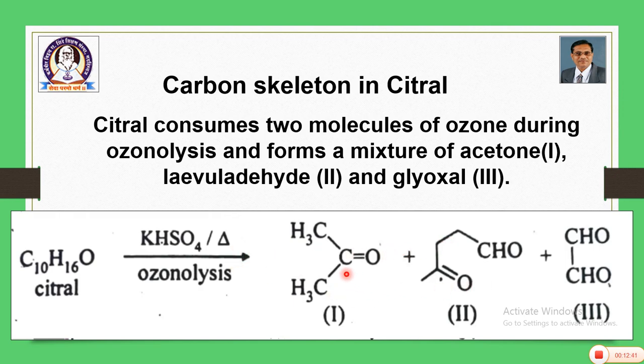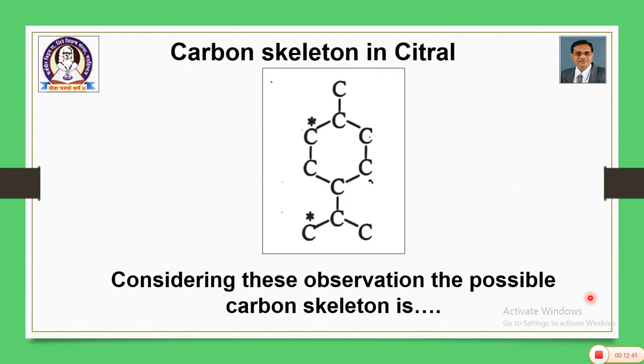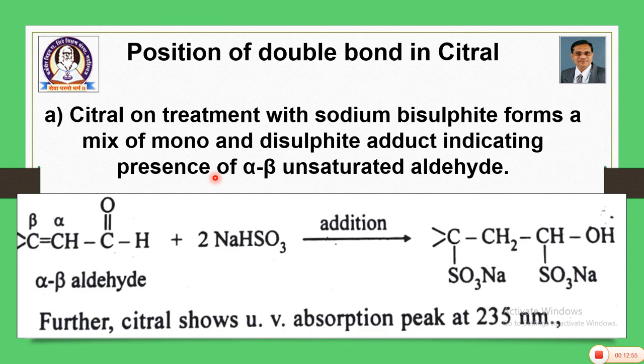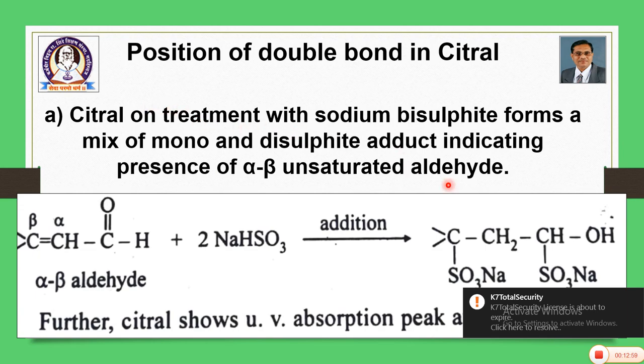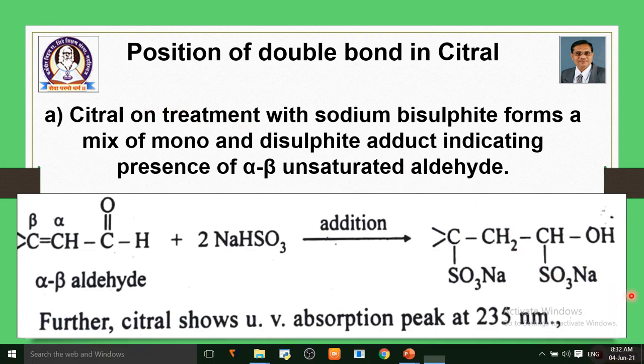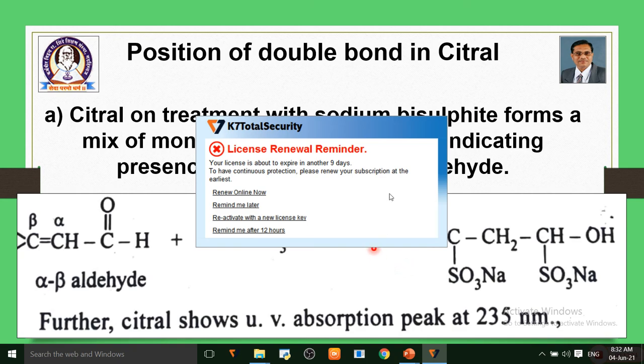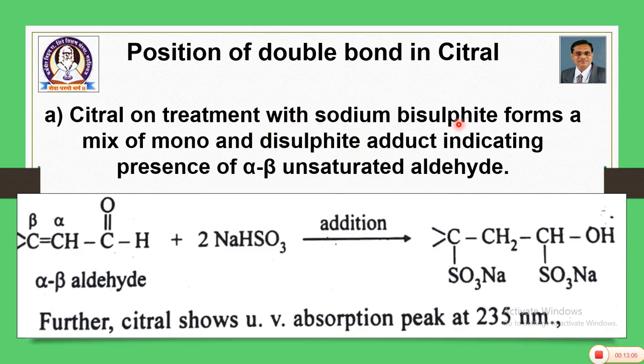Ozonolysis gives a mixture of acetone, levulinaldehyde and glyoxal, and from these observations we can have this possible structure for citral. So, it is again confirmed by considering the position of the double bond. Citral on treatment with sodium bisulfite forms a mixture of mono and disulfite addition product indicating presence of an alpha beta unsaturated aldehyde.